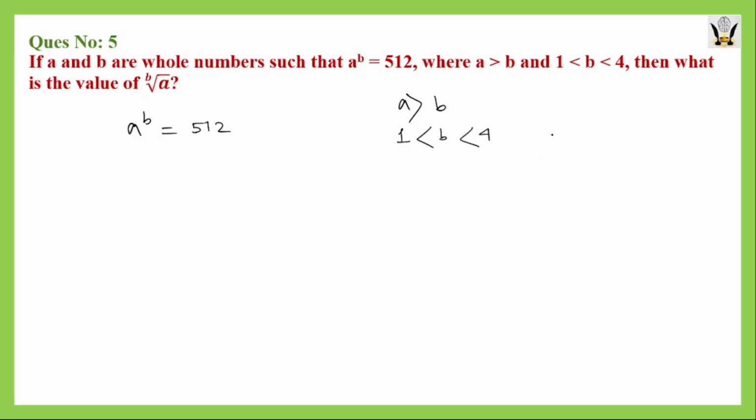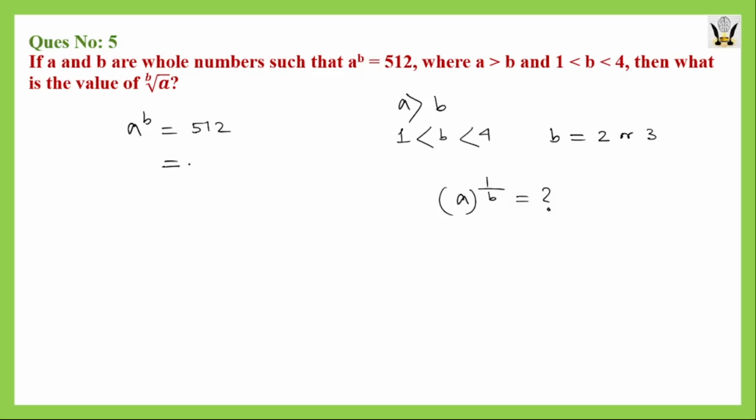That means possible values of b could be either 2 or 3. Then what is the value of b root of a? So a to the power 1 by b, this value we need to find. That means if we can find the values of a and b separately, then we can easily find this value.